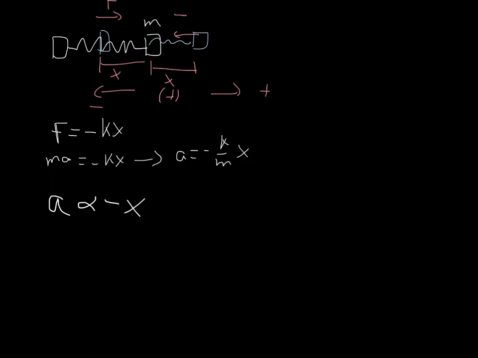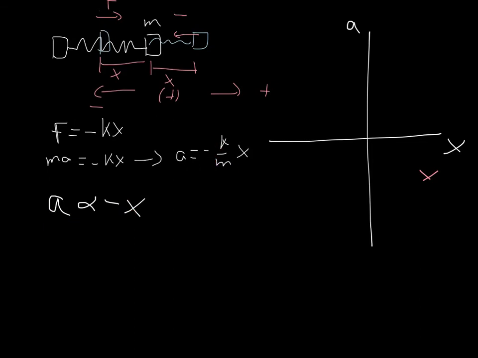So let's plot this. How will this look? So imagine that I decide to plot this thing, and I put the acceleration in the y-axis and the displacement in the x-axis. Well, now when the displacement is positive, the acceleration is going to be negative. So I will have a point here. When displacement is 0, then the acceleration also has to be 0, because something times 0, that's 0.